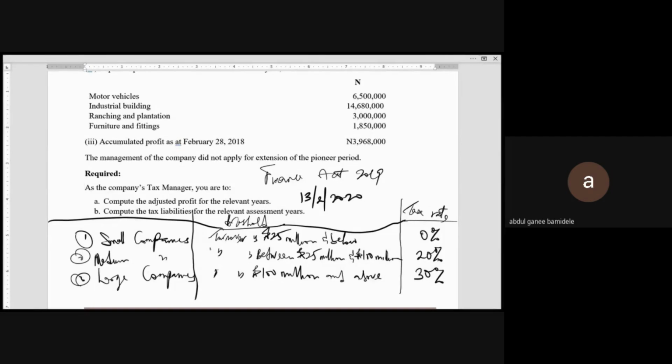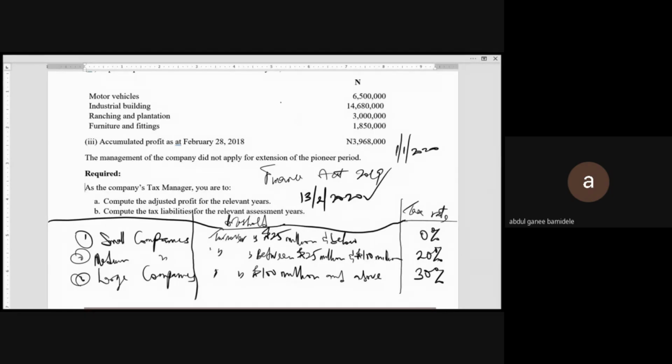But in practice, we have always assumed it applies to years of assessment beginning on 1st of January 2020, or you say years of assessment beginning or ending on or after this effective date, 13th February 2020.